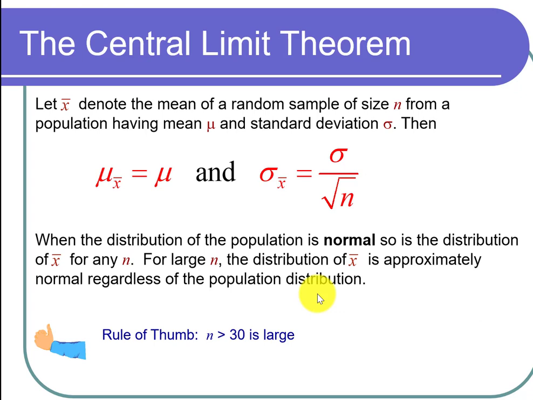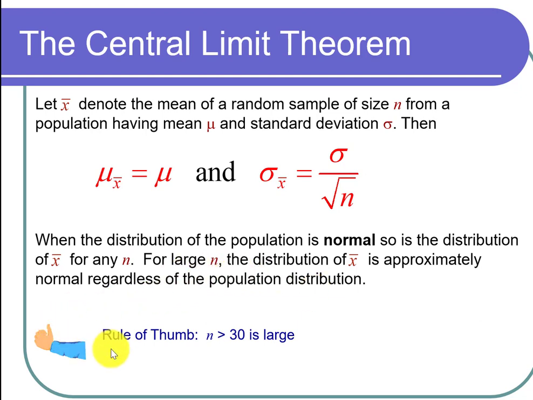Now, we saw that in the visualization that we just saw, where we started with a uniform distribution and it was pretty bell-shaped, or we started with that funky distribution and we still got a pretty bell-shaped distribution for the sampling distribution. So what does large mean?